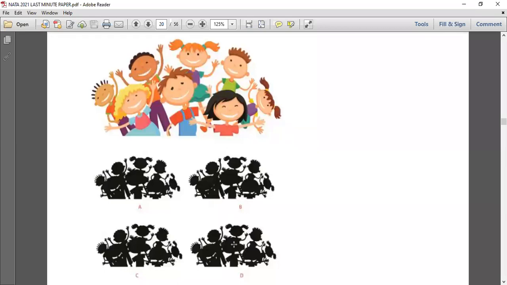Try to get first what is the difference between these options. Let's compare A and B. What is the first difference that we can get between A and B? Once we find a difference between A and B, we will see whether that difference is there or not in this colored picture. If it's there, then that option we will go on with. We will eliminate the other option and proceed forward.